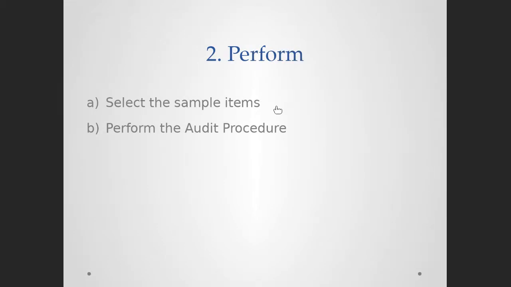Why is it so? Because when the population is too big, we would need a bigger sample size, right? No, we don't need a bigger sample size based on the population size. Remember, the whole idea of doing statistical sampling is so that you can have a small yet representative sample.